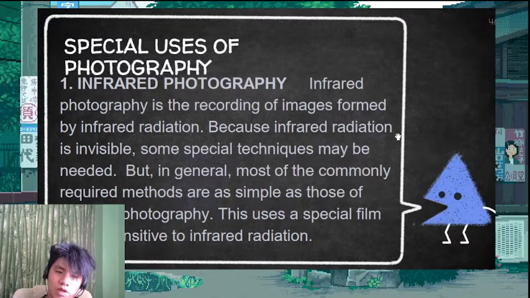So, may infrared photography. The use of an infrared film or an infrared filter, you see yung mga hindi nakikitang radiation waves. Kapag pinicturean mo ng infrared na camera, nakikita mo yung mga yun.